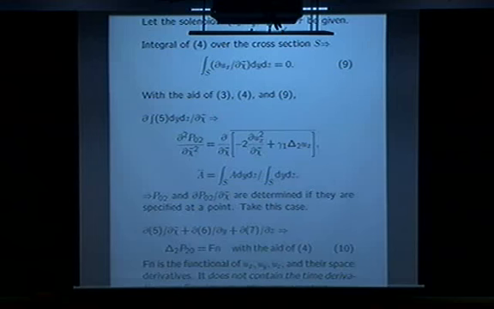Then you integrate the equation for parallel velocity that contains P02 over the cross section. You have this type of condition. Sorry, this is the conservation equation over the cross section. We get this mass flux conserved along the pipe.